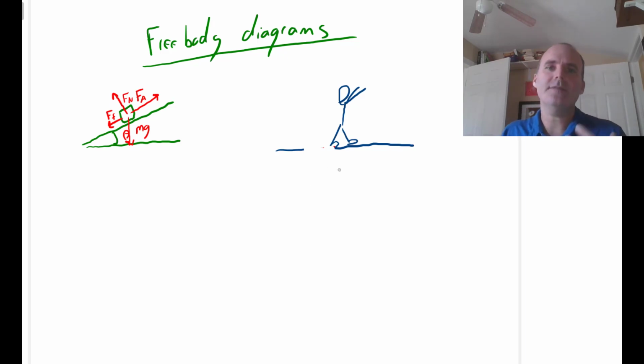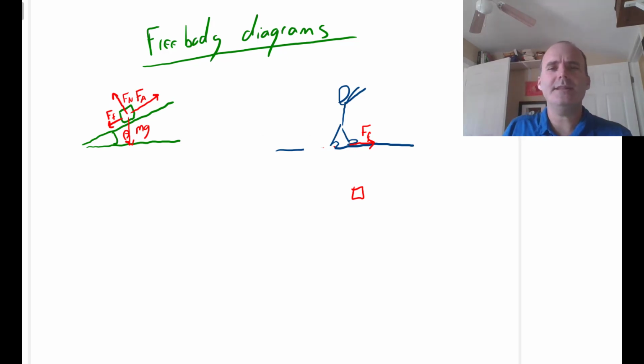Now here's something that's kind of funny. You might think the friction is always acting opposite of the direction you're going. But if I look at this person here, well, what pushes you forward? So for the free body diagram for the person, the force of friction on the person is actually going forward. So if I'm asked to draw the forces where they act, the force of friction is at where the foot is contacting the surface.